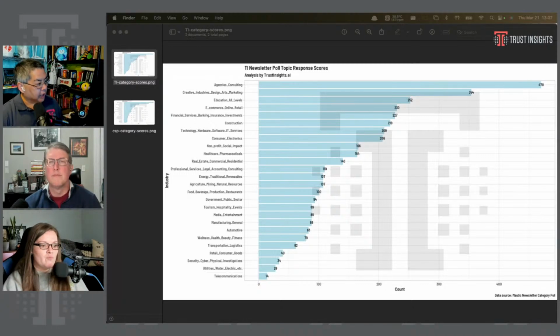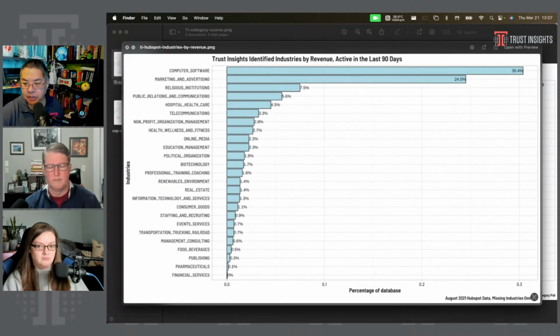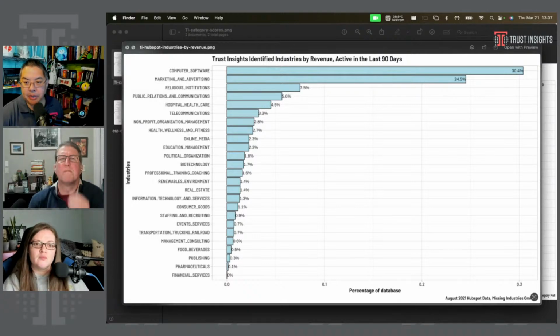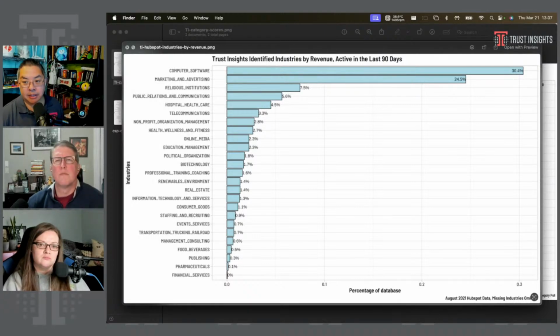Exactly. So if we look at this, and this is an older snapshot from our HubSpot instance, of the companies identified by revenue earned. This is from 2021, so I did not have a chance to run this before today's live stream, but you can definitely see there's a different set of companies in here: computer software, marketing, advertising, public relations, communications.